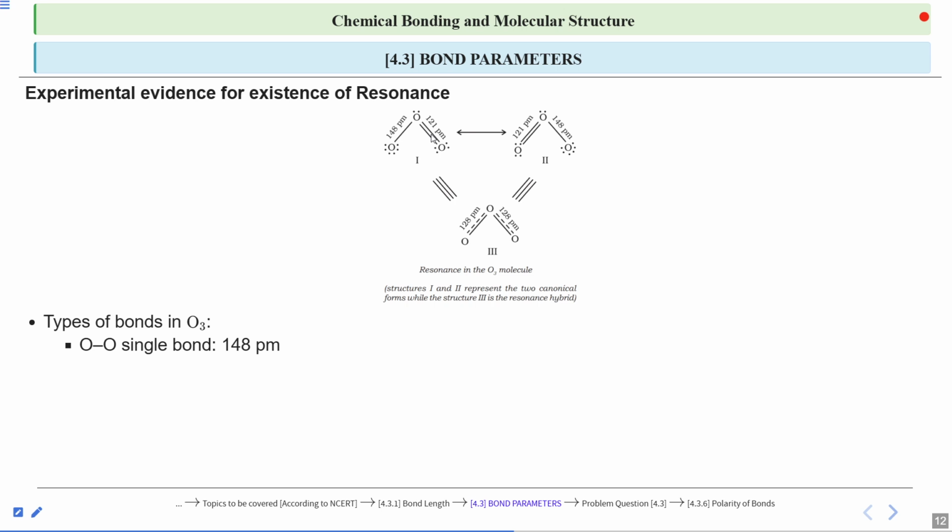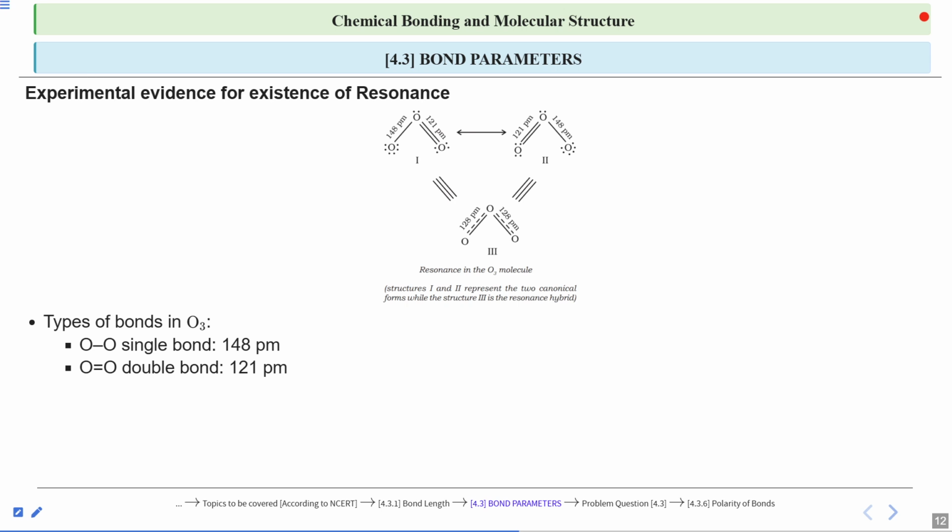So at least one of these bonds should have a length of 148 picometer, because one should be single and one should be double. Similarly, if 121 picometer is the bond length for the double bond between O and O, then out of these two bonds, if the first is 148 picometer, then the second must be 121 picometer. So this should be the case in O3.